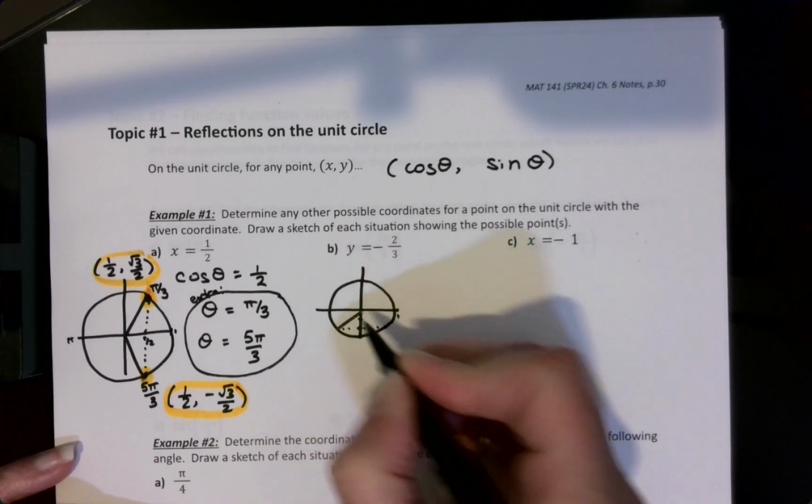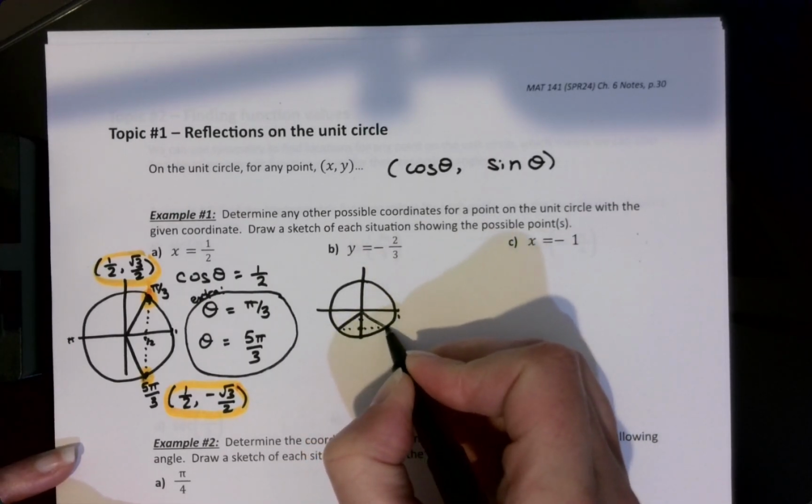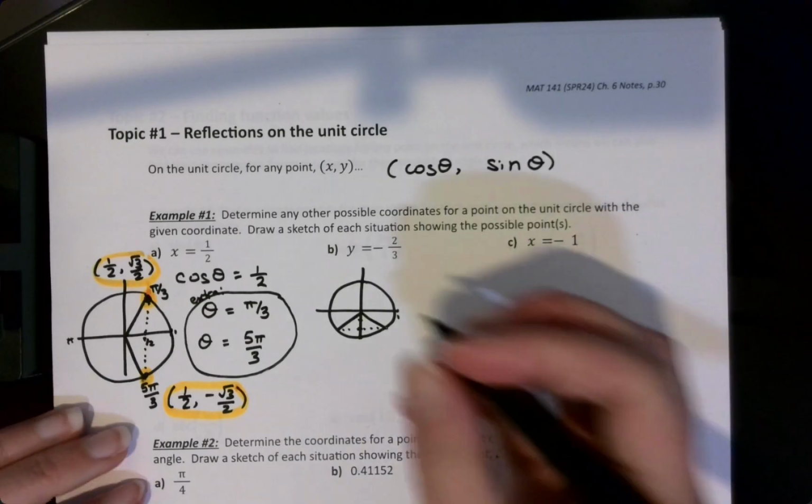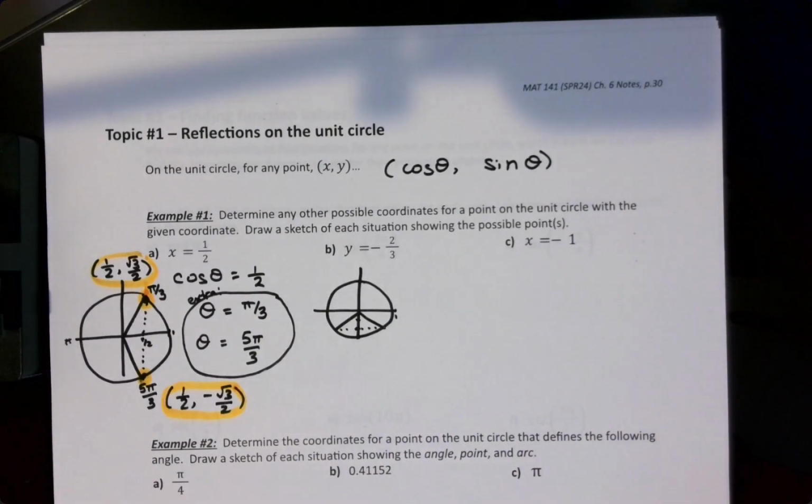The angles would be approximately here and here. I don't know what they are. I'm not actually being asked to find what they are right here. I'm being asked to find what the coordinates for this ordered pair are.